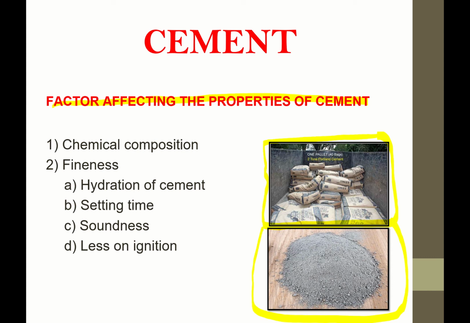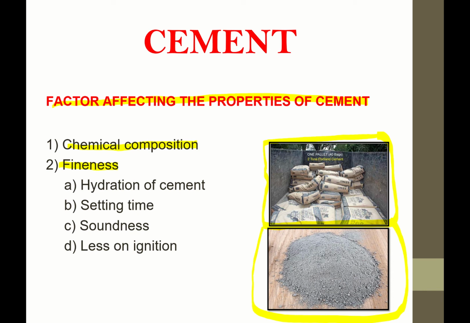Okay, the first factor is chemical composition. Of course, inside cement, there are a lot of chemical compounds, and when these chemicals react with water, it will produce a chemical reaction. The second factor affecting the properties of cement is the fineness of cement.